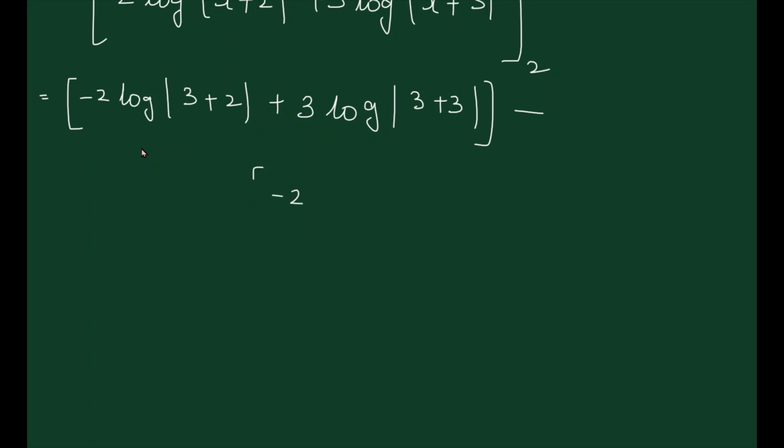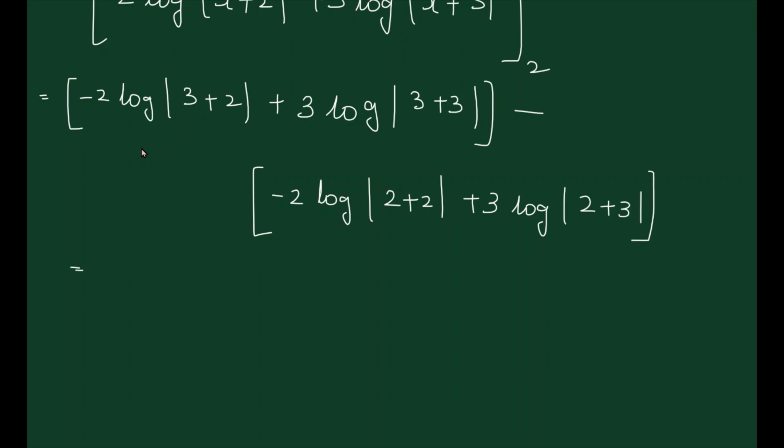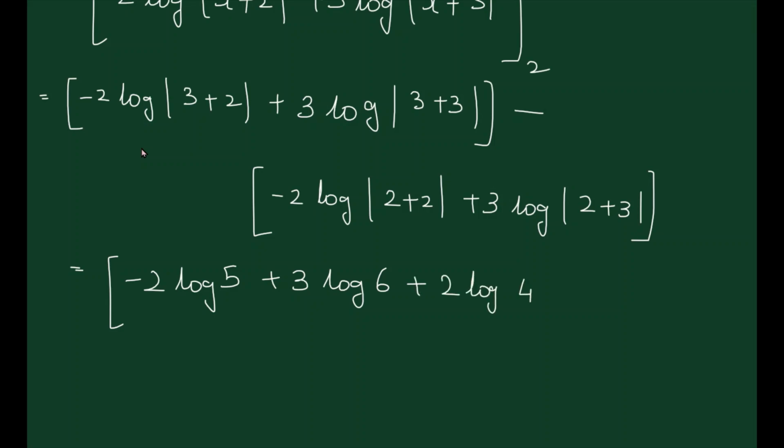So minus 2 log mod of 2 plus 2 plus 3 log mod of 2 plus 3, and thus we get minus 2 log 5 plus 3 log 6, minus and minus becomes plus, so plus 2 log 4. Again minus and plus becomes minus, so minus 3 log 5. We can put a mod sign everywhere.